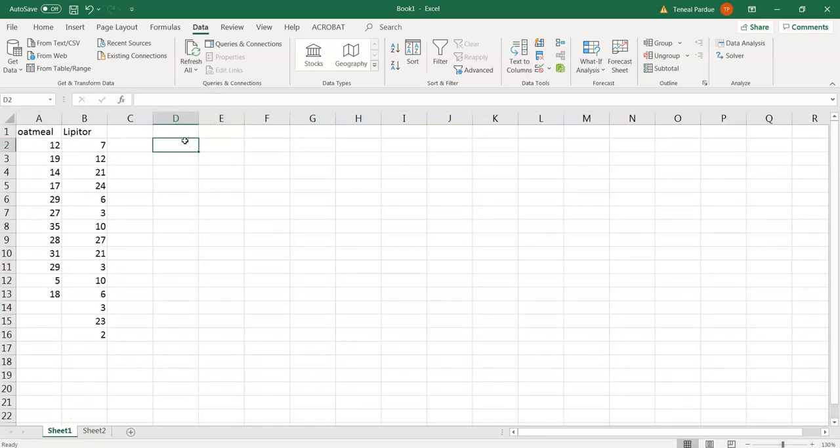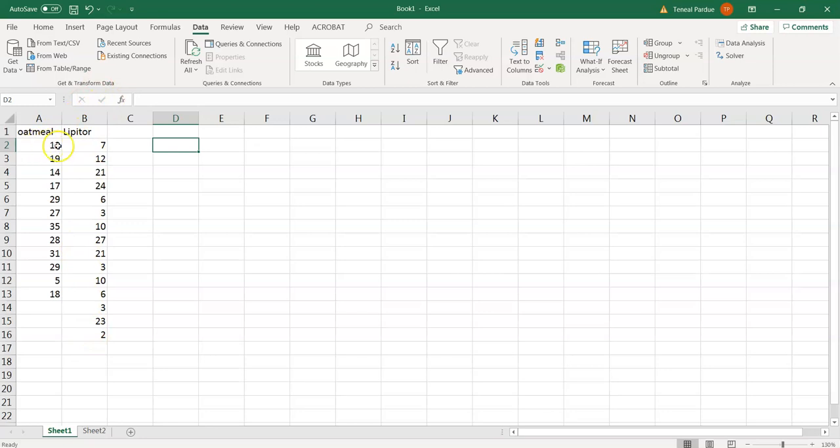Over here, by contrast, we've got two groups of people who had high cholesterol, and some of them were assigned to eat oatmeal for 3 months, and some were assigned to take a low dose of Lipitor for the same amount of time. And they were looking to see how much their cholesterol decreased over that time period.